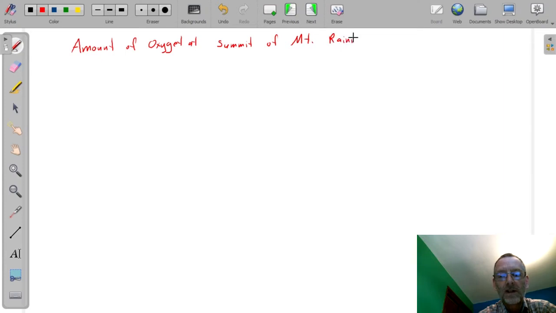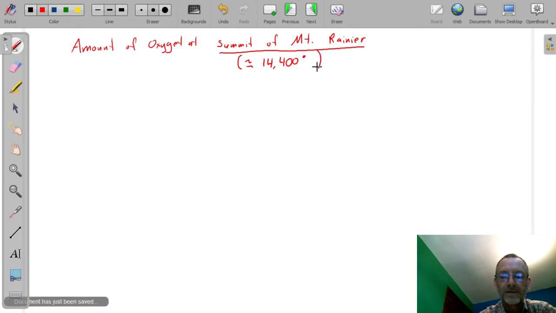First of all, you should appreciate that there's going to be less going higher in altitude. And Mount Rainier's summit is approximately, I forget specifically, but it's close to 14,400 feet, plus some change, above sea level.